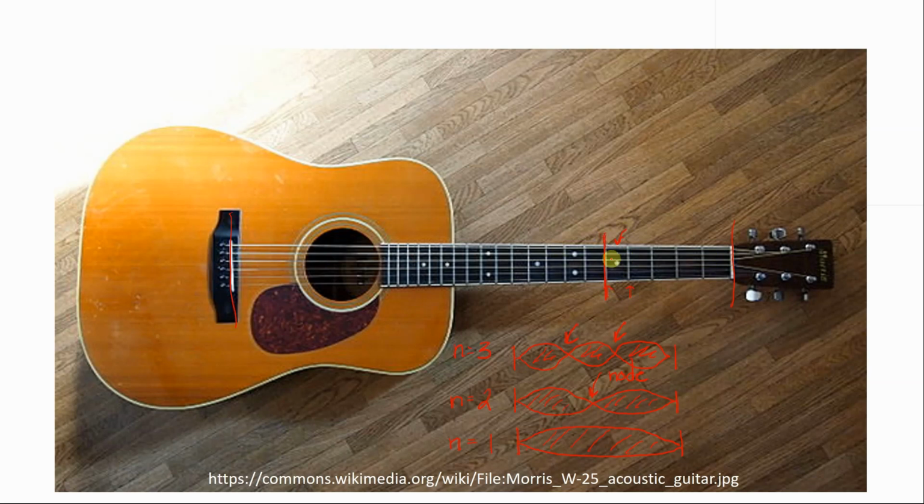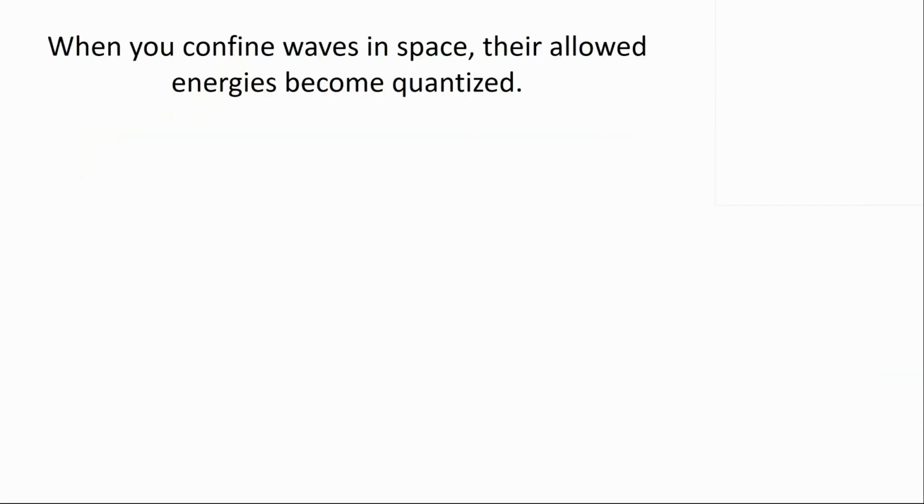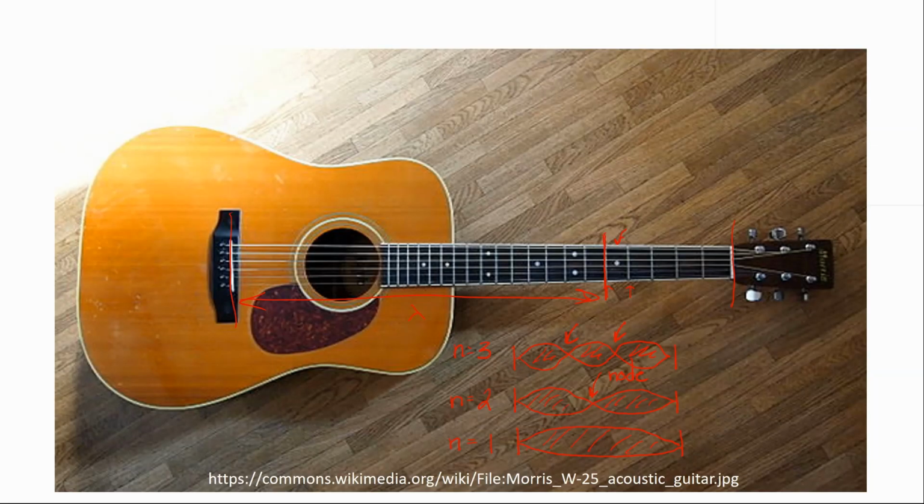The part of the string that's fluctuating now has a shorter wavelength. Recall that a short wavelength corresponded to a higher frequency, higher pitch. It's also a higher energy. And so as we change how the confinement happens, we can change the energy of these waves.